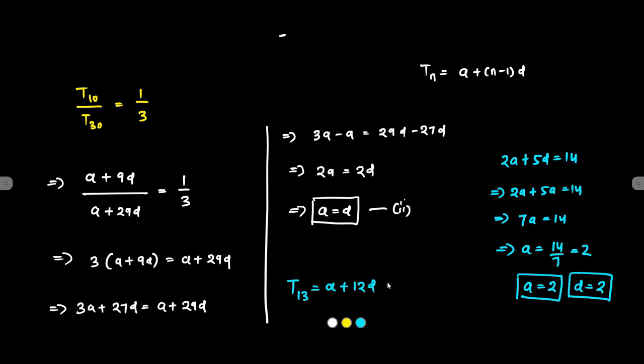So that is equal to 2 plus 12 into 2 equal to 2 plus 24, that is equal to 26. So the 13th term is equal to 26. So we have the 13th term and we have the first term which was asked. Okay.